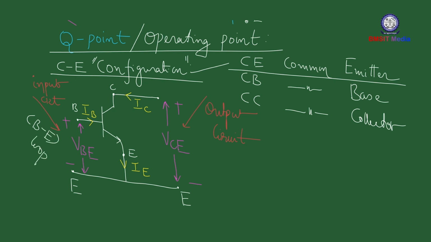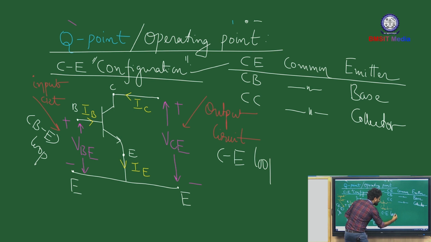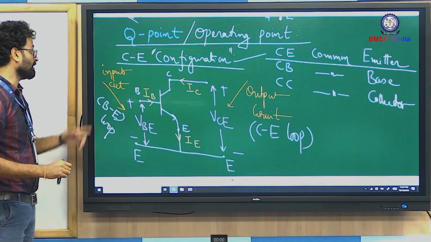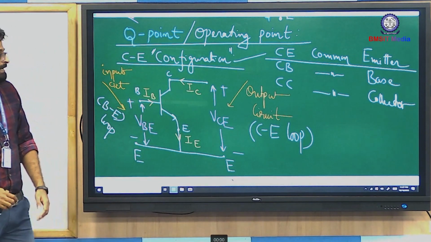What is BE loop? Base emitter loop. On the other hand, the output side is the right hand side. You can identify two terminals at the output side. Those two terminals are collector and emitter. Hence, the output circuit can also be considered as the CE loop, as in collector emitter loop. So input circuit is base emitter loop and output circuit is collector emitter loop.